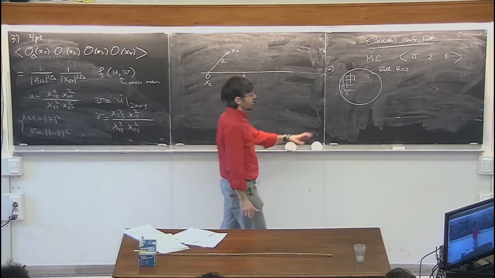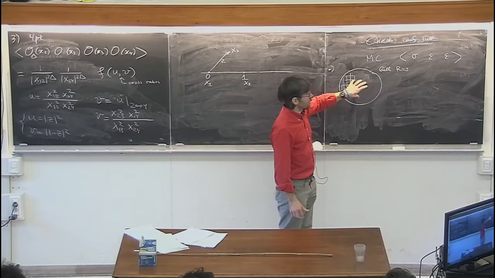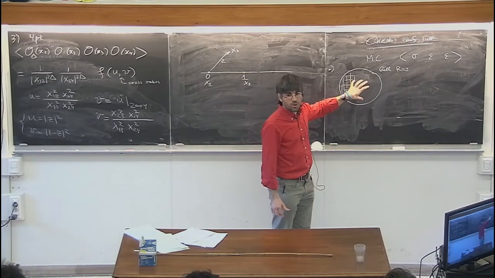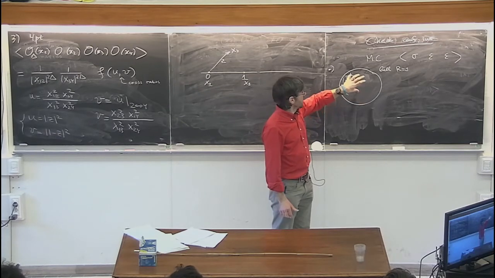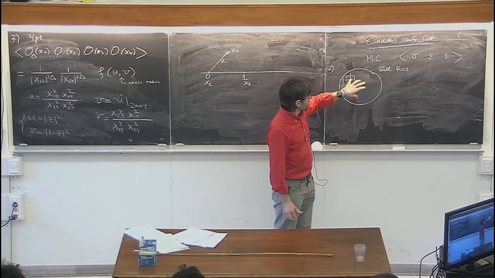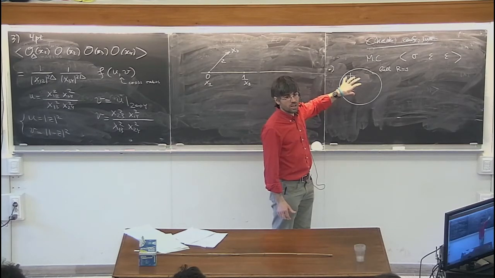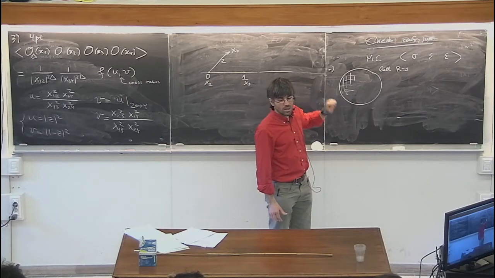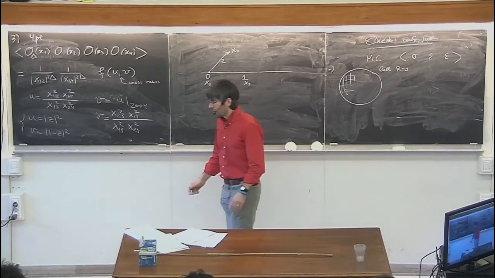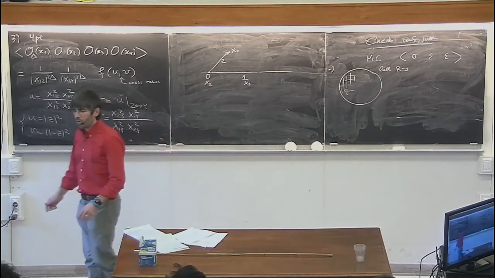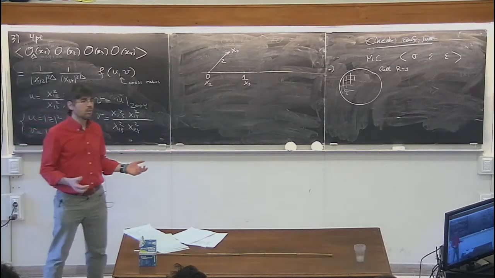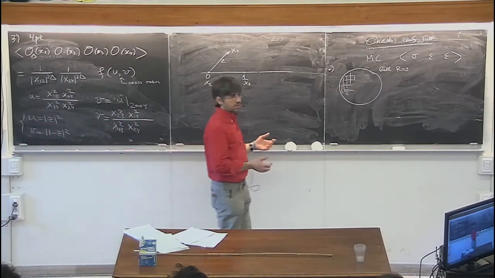It turns out that conformal invariance gives you predictions. So if the theory is conformally invariant, then conformal invariance tells you also something about how the correlation functions behave inside the ball. So why is this so? Because you can apply a conformal transformation to map a ball to a half space.